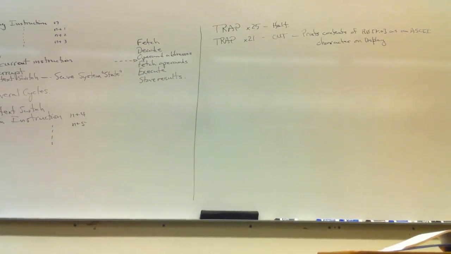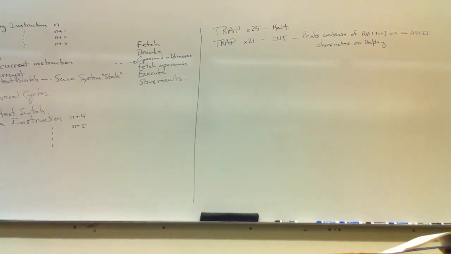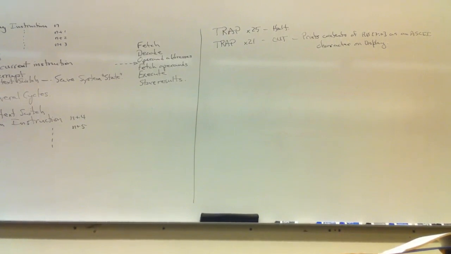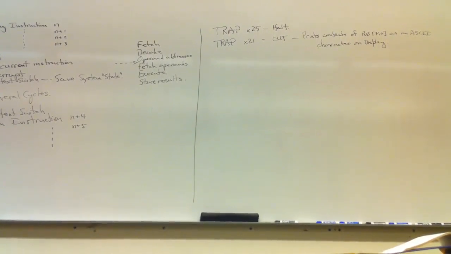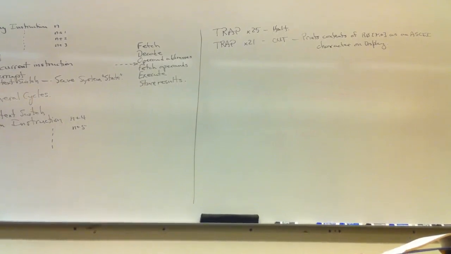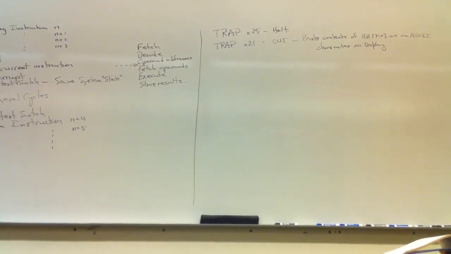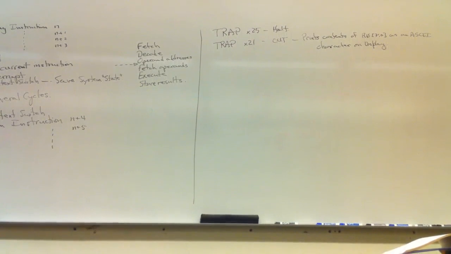OUT is a similar kind of thing. There is code out there that will handle your output for you. Does a lot of the stuff that we've been hand coding. It does one character at a time.